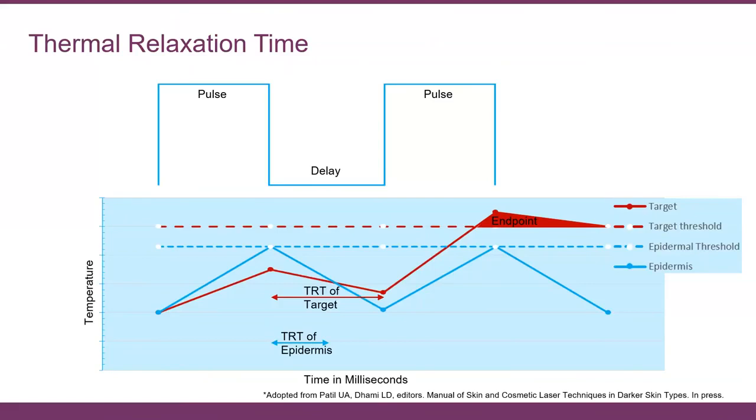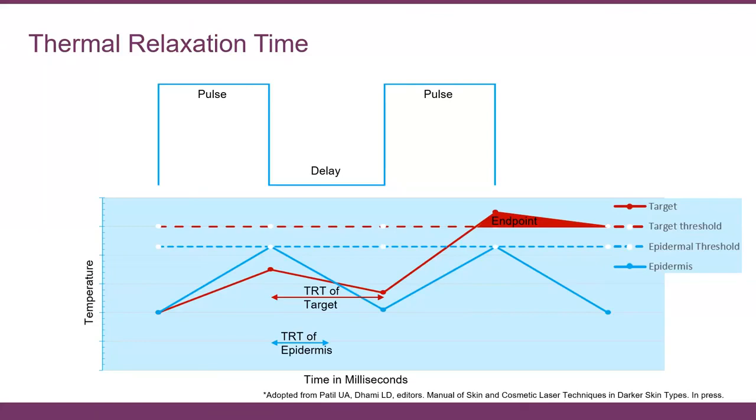If we're firing a chain of pulses, so you can see we have a pulse, then we have a delay, and then we have another pulse. During that delay time, the epidermis is cooling down significantly quicker than our target, because the thermal relaxation time of the epidermis is shorter than the thermal relaxation time of whatever our target might be, in this case, a blood vessel.